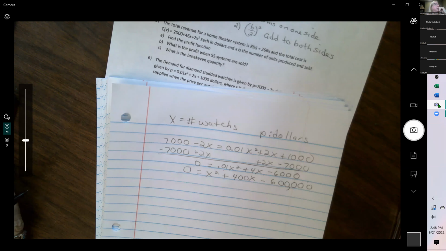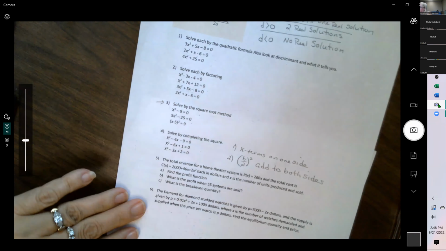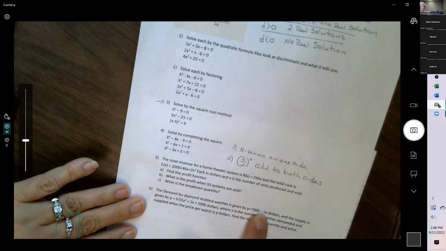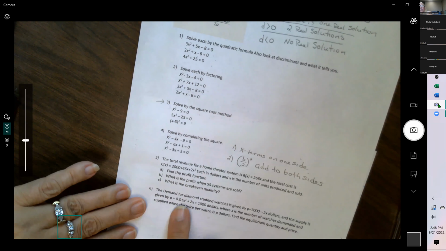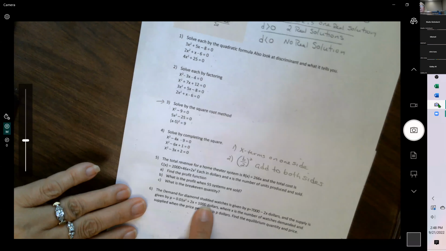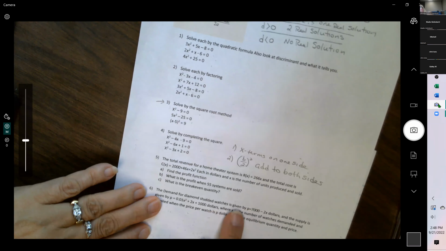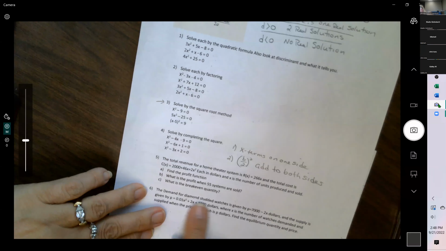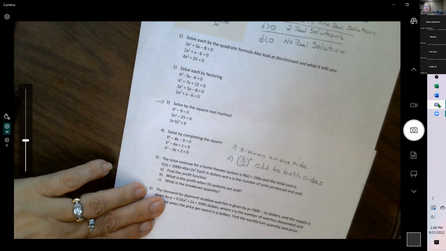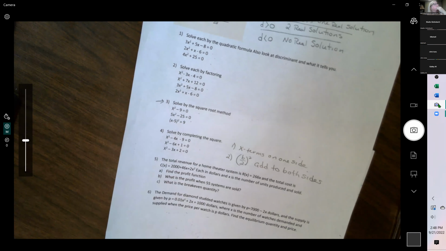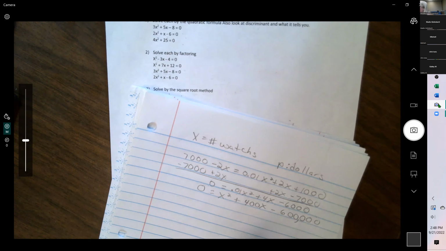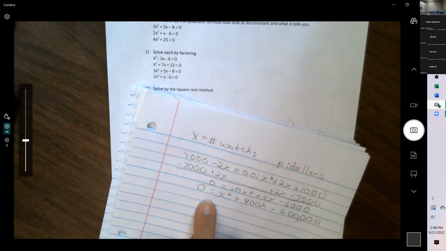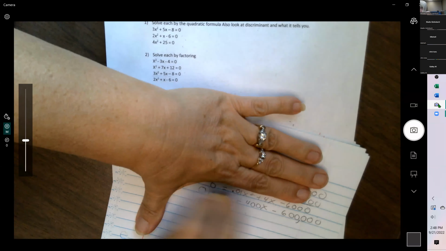How did you get those numbers? Oh, from the problem. 7,000 minus 2x, and 0.01 x squared plus 2x plus 1,000. Since they were both set equal to P, I set them equal to each other. So I use substitution. What I did was got rid of this.